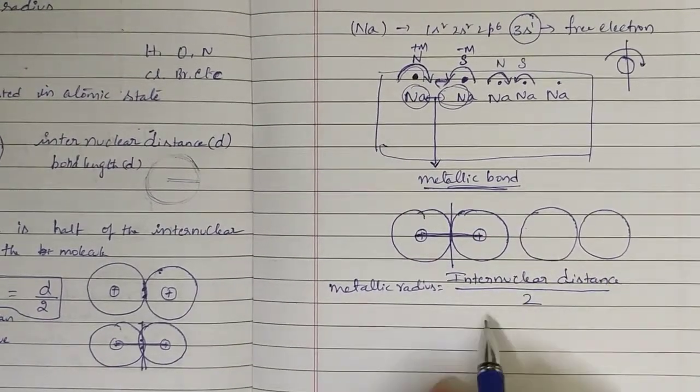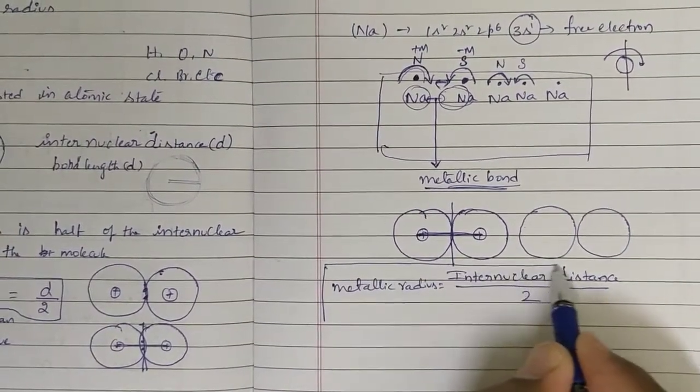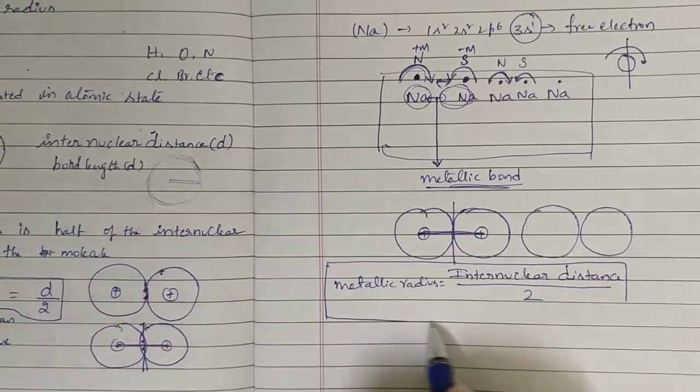Okay. Now what is the definition of metallic radius? Metallic radius is equal to half of the internuclear distance between the metal atoms.